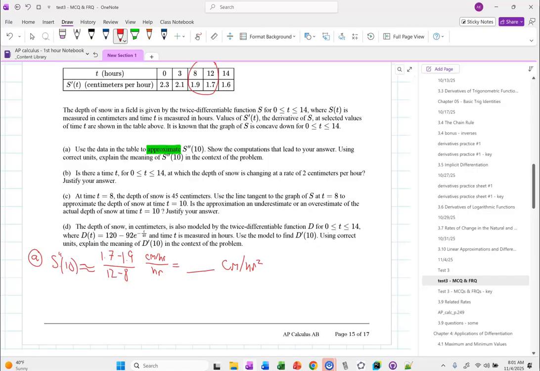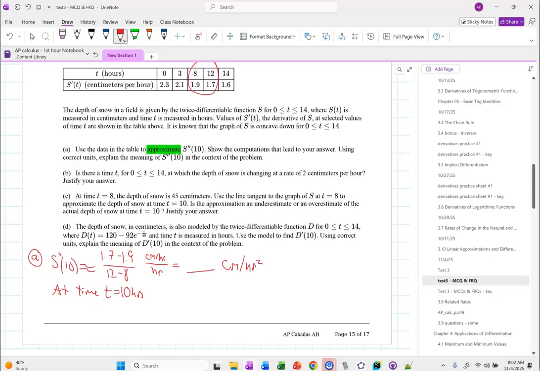The depth of a snowfield. So you should say at time t equals 10 hours, now, a second derivative is a rate of a rate, correct?